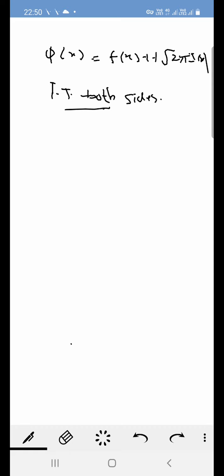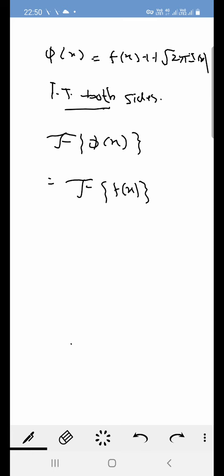We are obtaining the Fourier transform of phi(x) is equal to the Fourier transform of f(x) plus lambda into root 2 pi into again the Fourier transform of I(x).